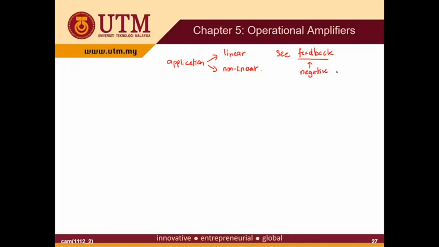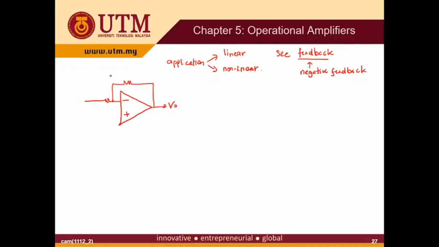If we have the symbol of op-amp here, this is the inverting input, and this is the non-inverting input. Negative feedback is the connection from the output to the inverting input.